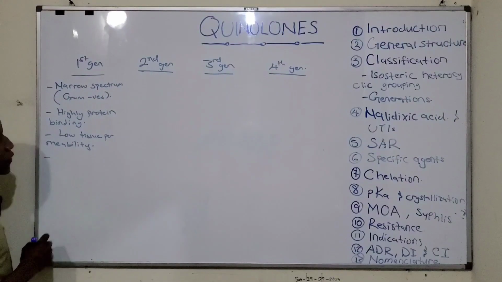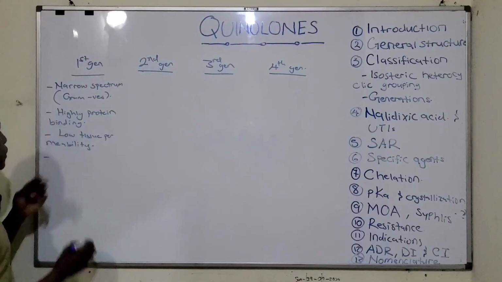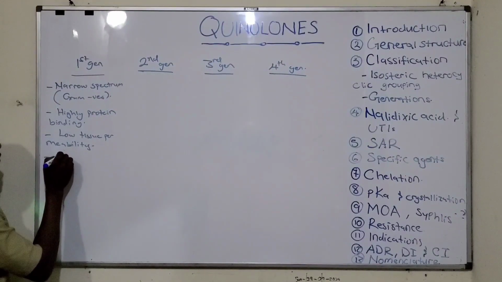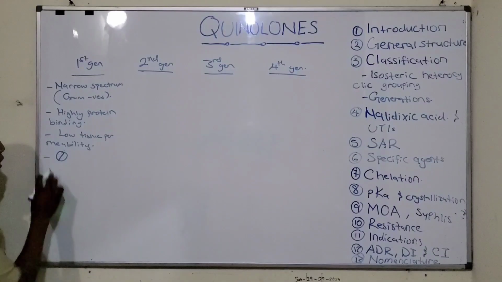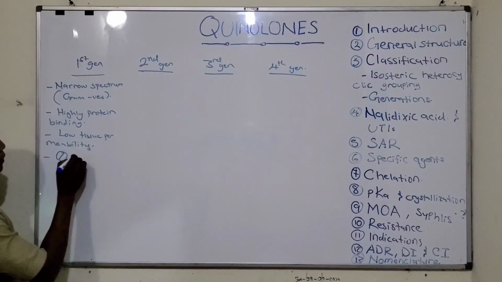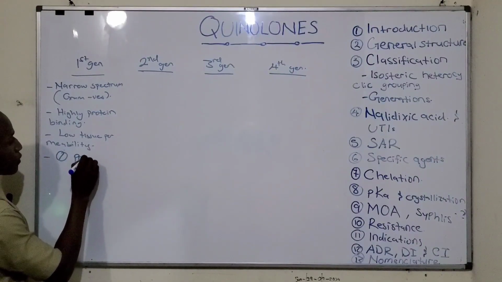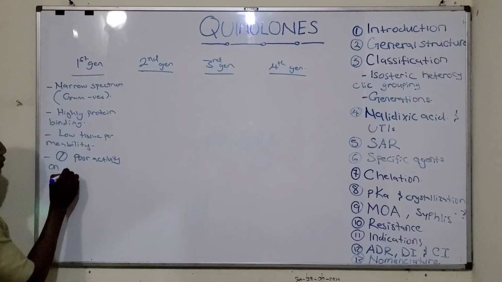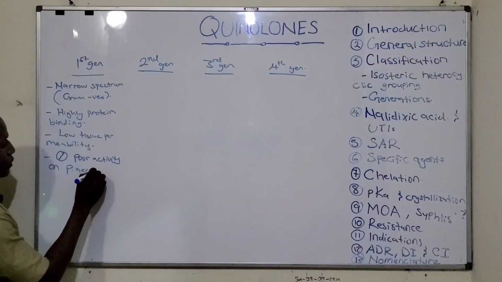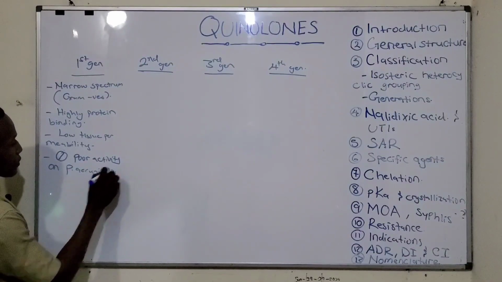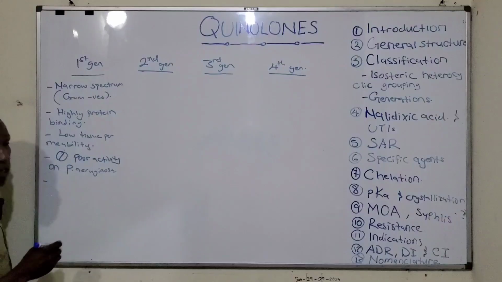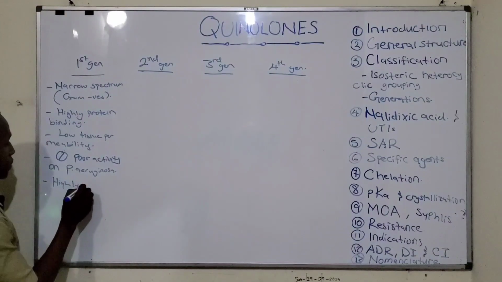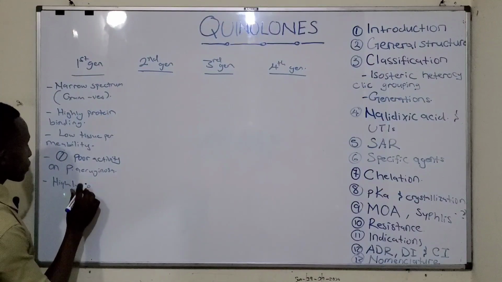And they had low activity on gram negatives like Pseudomonas aeruginosa. So activity on Pseudomonas aeruginosa was very poor. They were highly concentrated in urine.